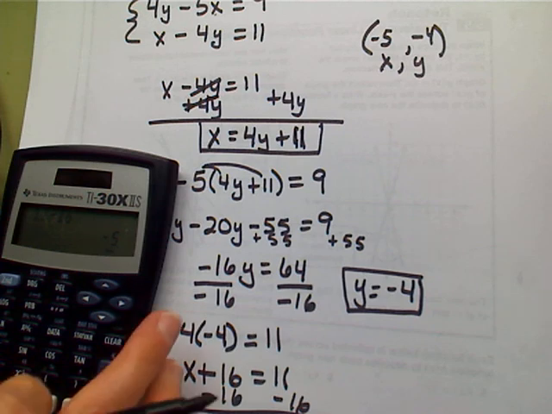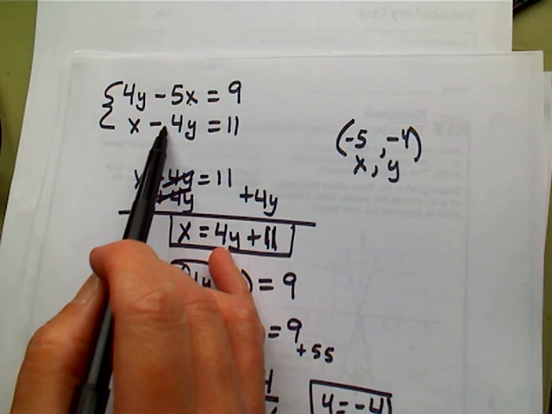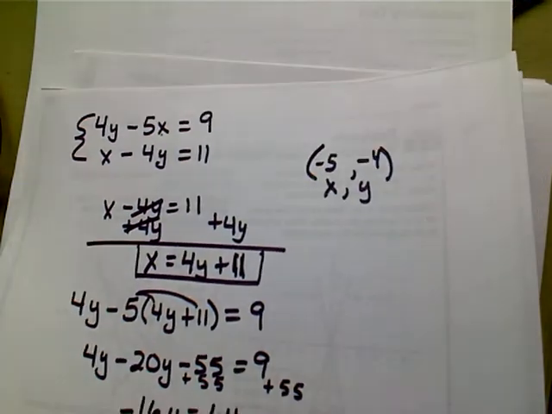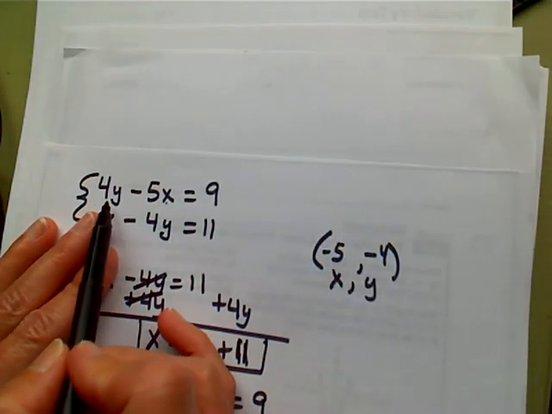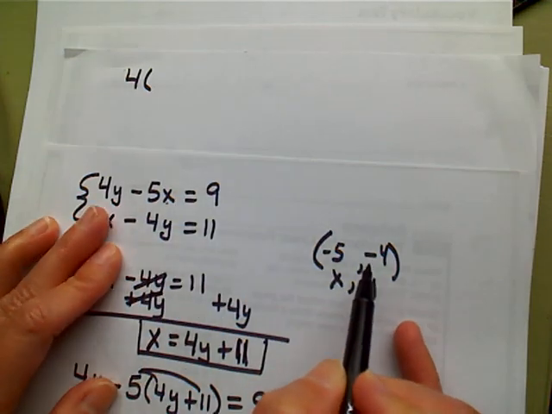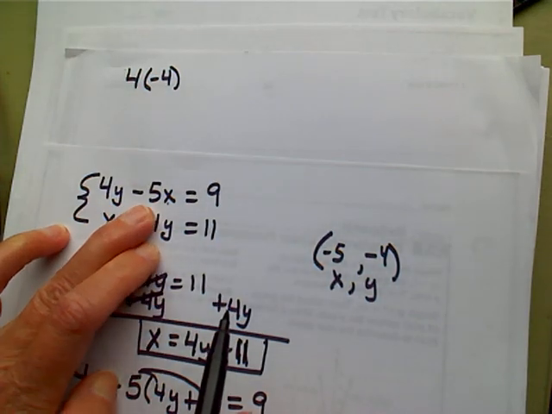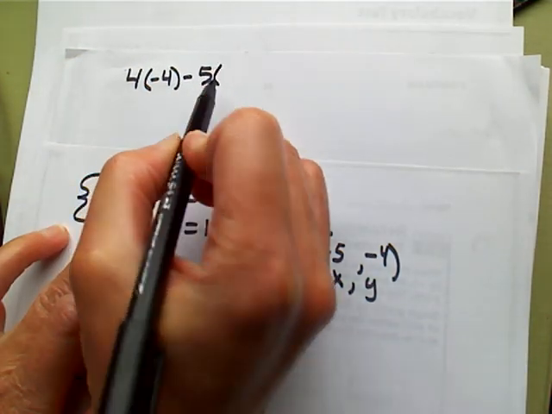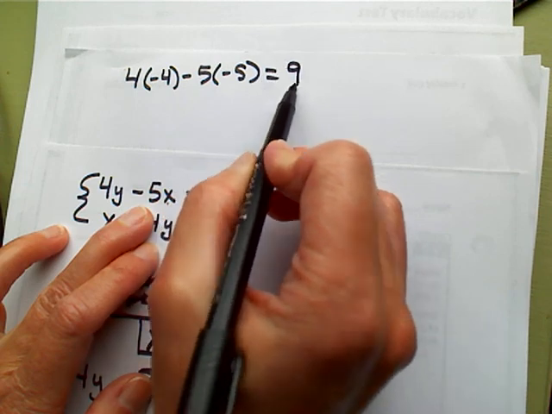Okay, and again, I can go back and check that. So 8th graders, you go back to your original equations, and you can check your work always. So if I do 4 times y, which is negative 4, and minus 5 times negative 5 equals 9.